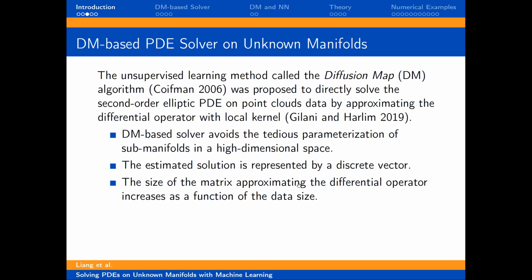Also, another problem of diffusion maps is that the size of the matrix approximating the differential operator increases as a function of data size. So it will create a computational bottleneck if the PDE solution involves the inversion or eigendecomposition. When I introduce diffusion maps officially later, we will see this problem again.